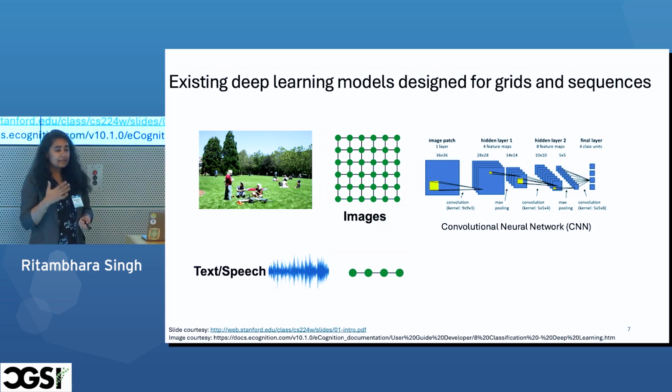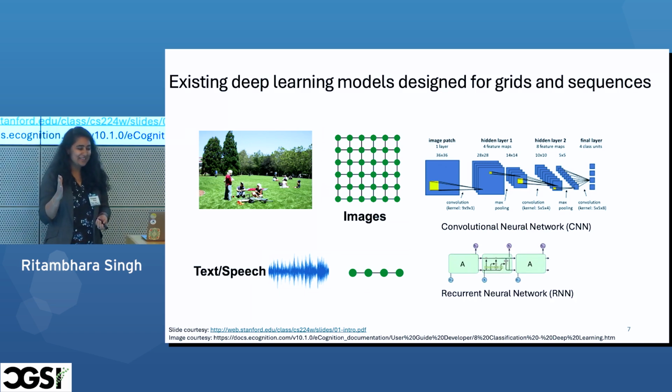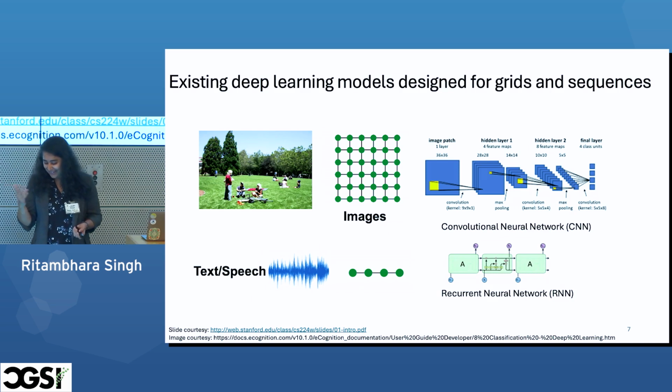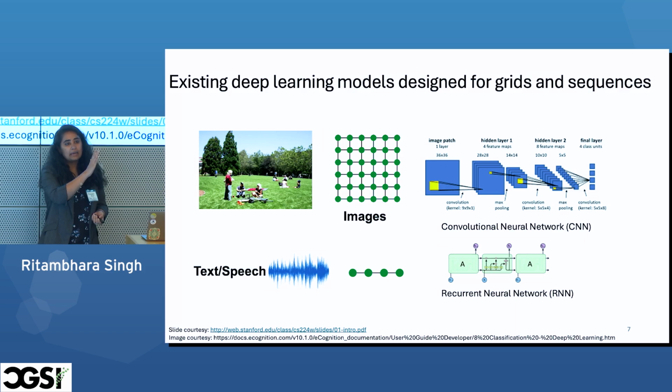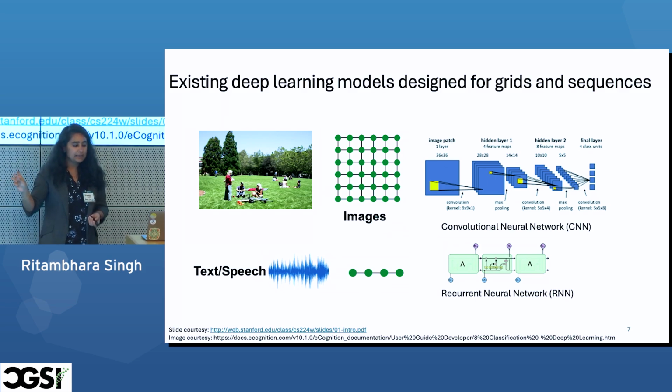In terms of text and speech, we have recurrent neural networks. I know nobody uses them anymore, but they were the original sequence modeling techniques. But even transformers, for that matter, can very nicely model the sequential dependency that exists in the data set.